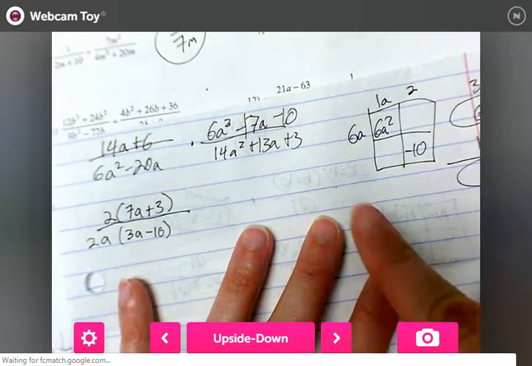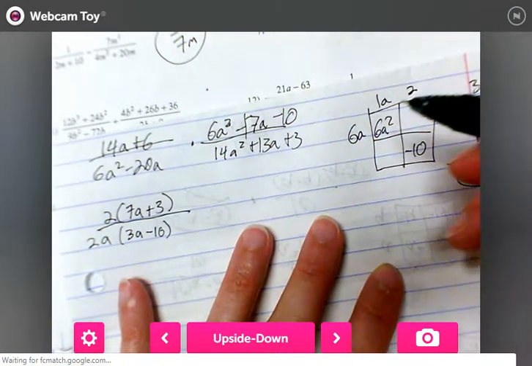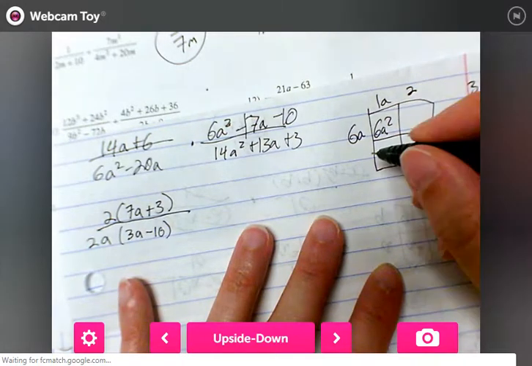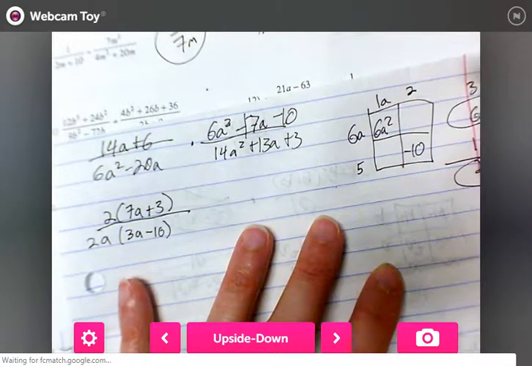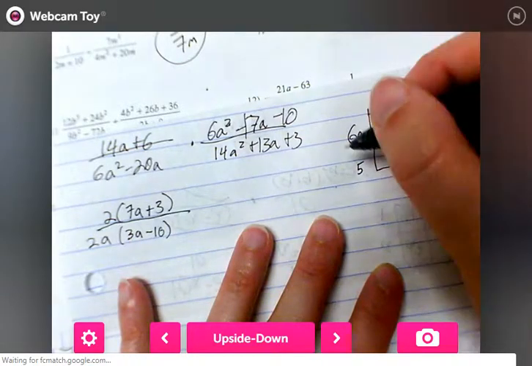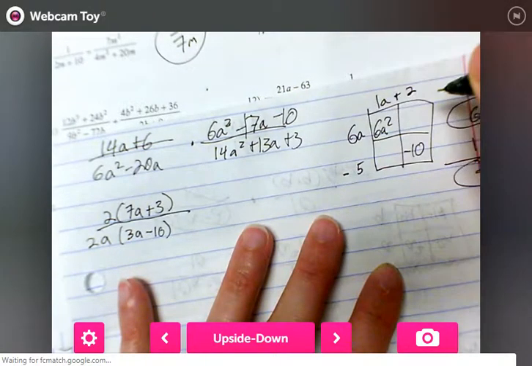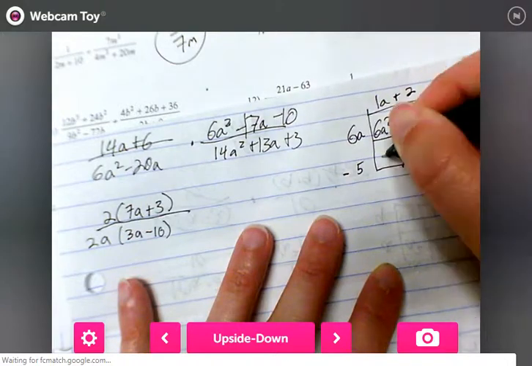And I want to multiply the 1 times 5. Okay? So one of them is going to have to be positive and one's going to have to be negative. So let's do negative 5 and positive 2. So I get 12a and negative 5a.